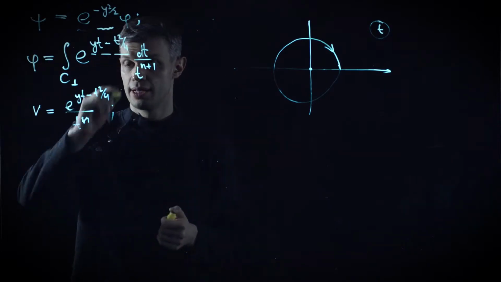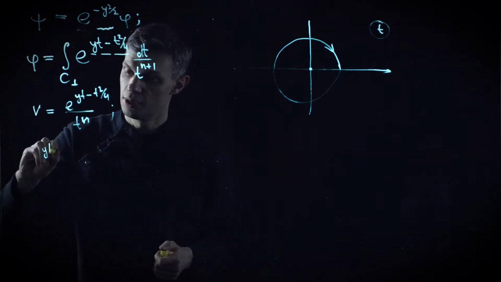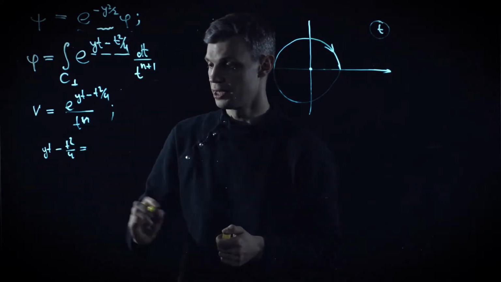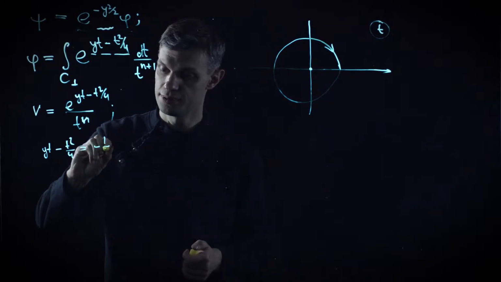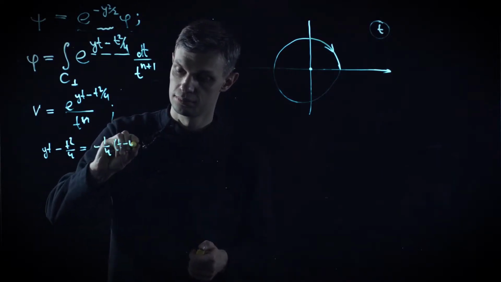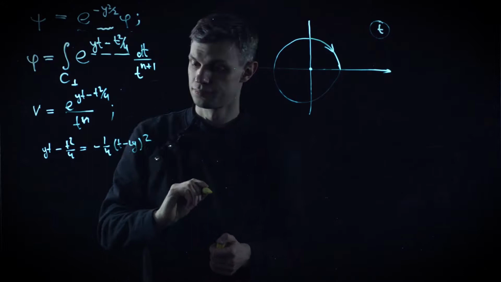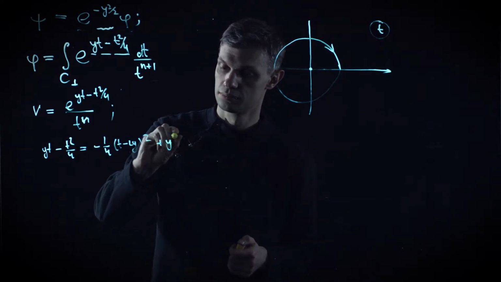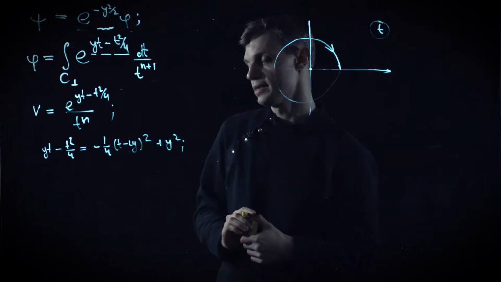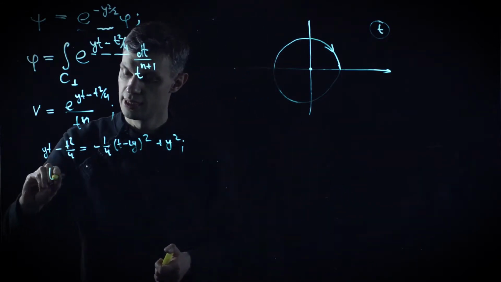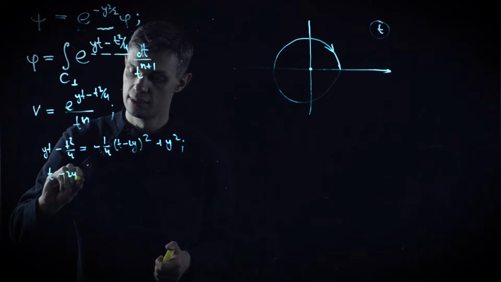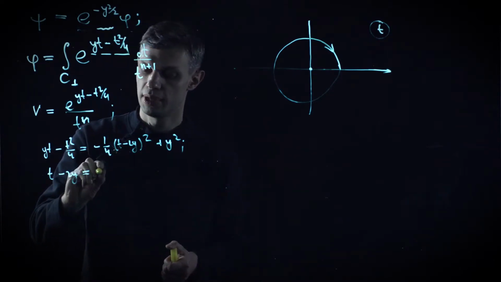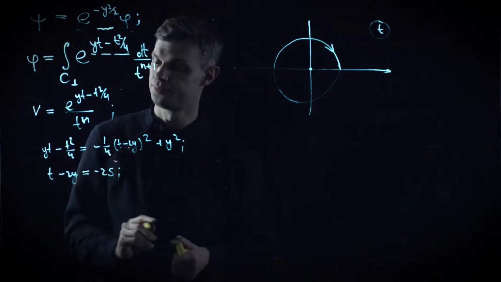For example, here in the exponent, we clearly can detach the full square as follows. So let's introduce the new variable, t minus 2y equals minus 2s.